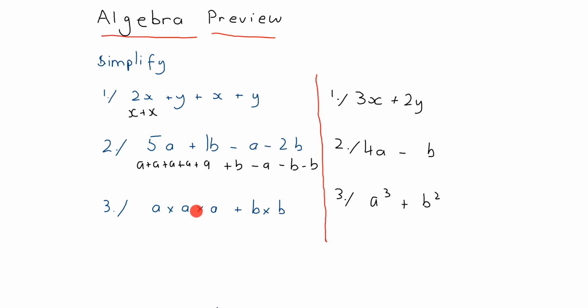I'm plussing this separately to this. I'm not combining them with the times. And of course, I hope you guys know that I do all the a's together and the b's together because these are timesed, and then I've got a plus here, so that's just our BODMAS, order of operations.